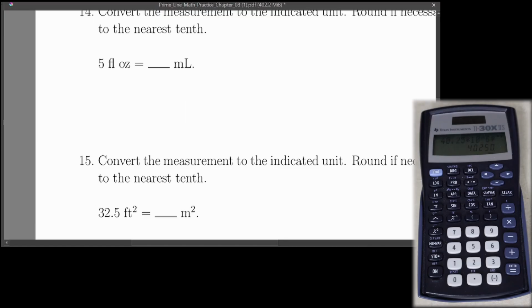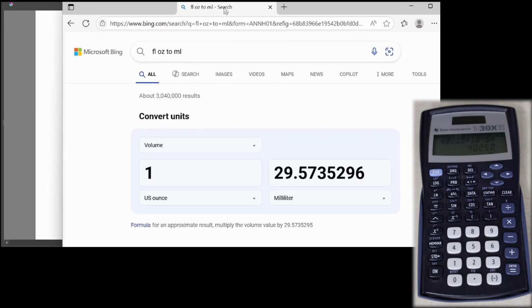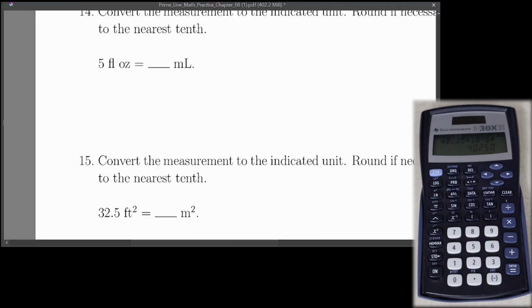So on this one, we'll have to bring up our conversion factor. So in this case, we can say that 1 fluid ounce is equal to 29.5735 milliliters.